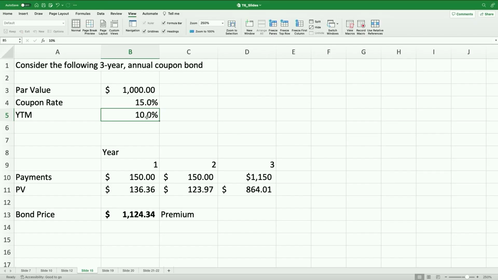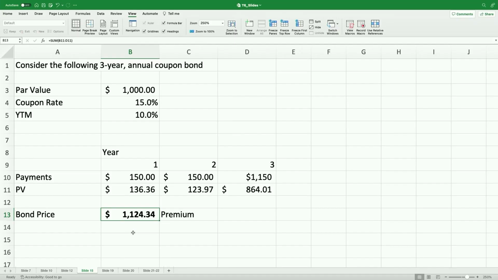There's a one-to-one mapping between yield to maturity and bond price. I've laid out the payments for you if the coupon rate is 15%, so it would be 150, 150, 1150. I've calculated the present value using the yield to maturity and summed them together to get the bond price.